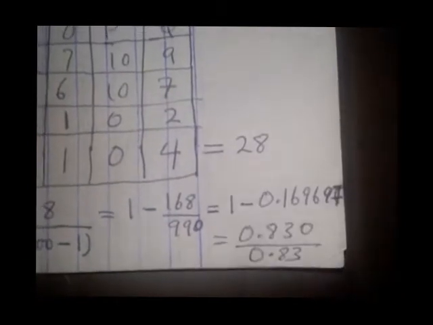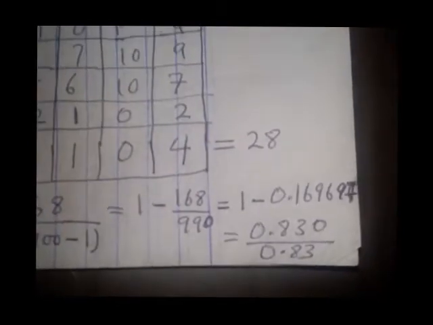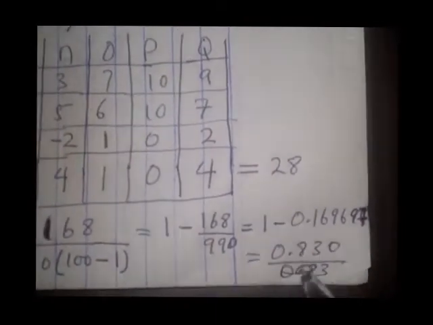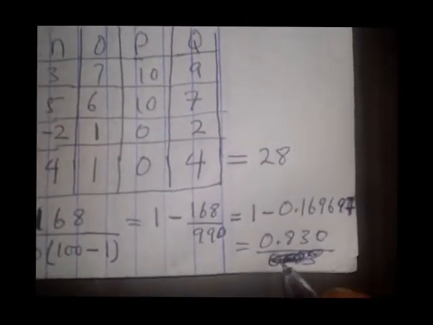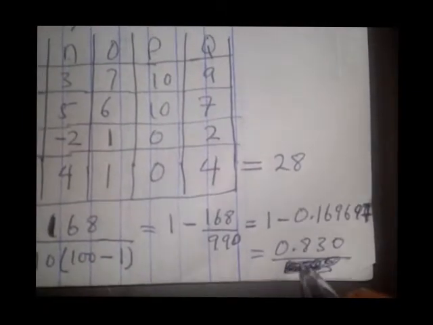You can approximate it as 0.83 or 0.8, depending on where you want to approximate it to. But as you can see, this is our answer. So that I won't confuse people, you won't think this is over. You can just say 0.83. That is it for this ranking.